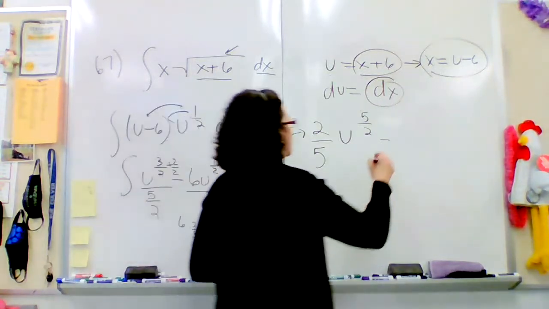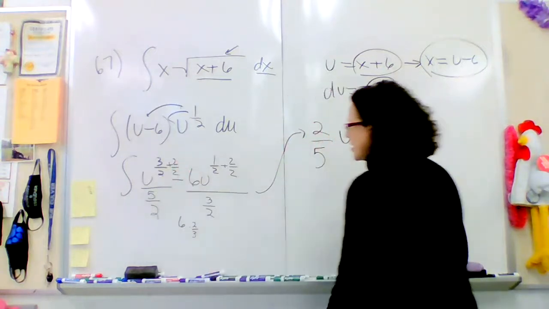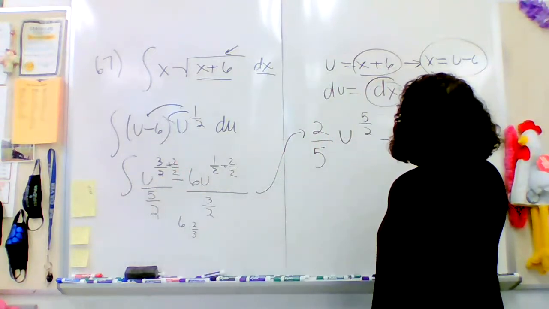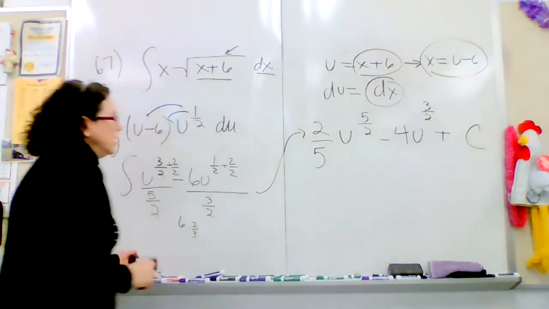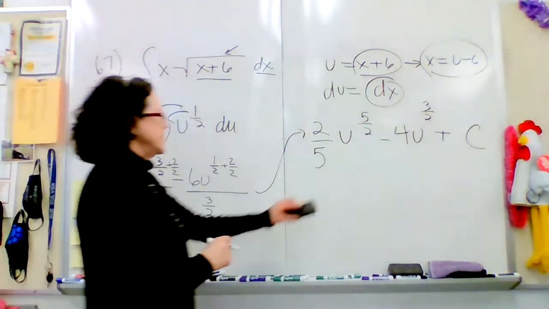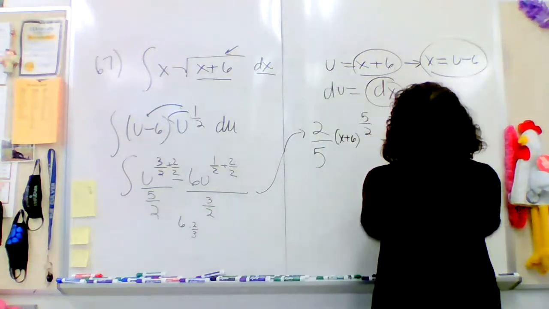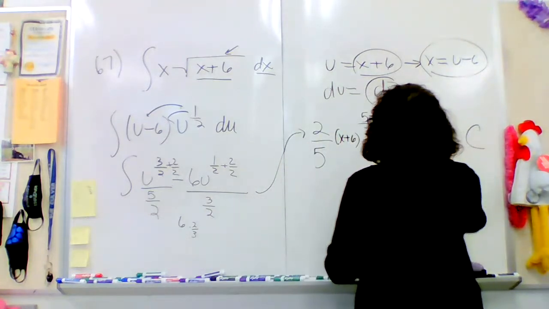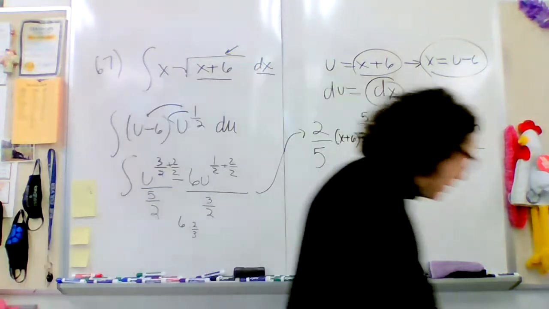It is. 2/3 of 6 is 4, right? When I multiply by the reciprocal, 2/3 times 6, u to the 3/2 plus c. Okay, my u is x plus 6. There we go. I'm going to do a quick check on that, right? There's a lot going on in that one.